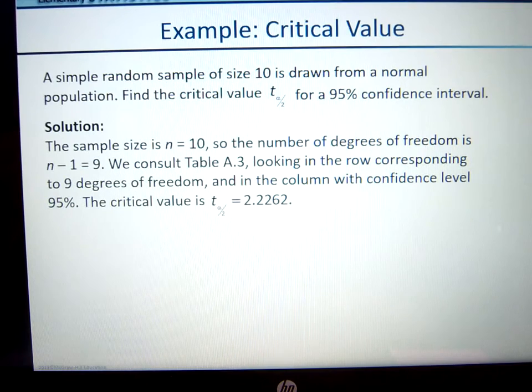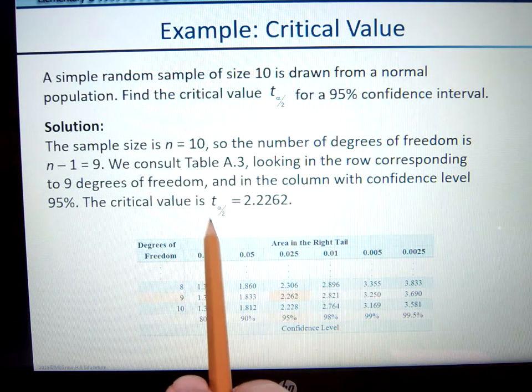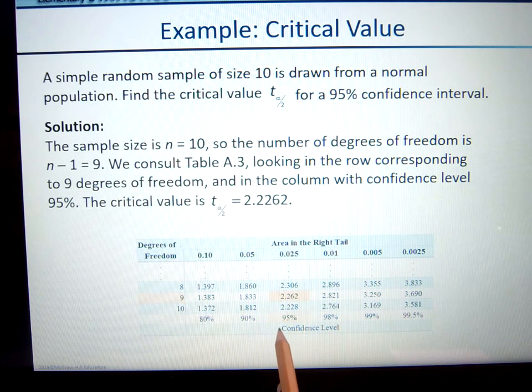Now we can consult table A.3, looking at the row corresponding to 9 degrees of freedom and the column for 95% confidence. So our t alpha over 2 value is going to be 2.262.